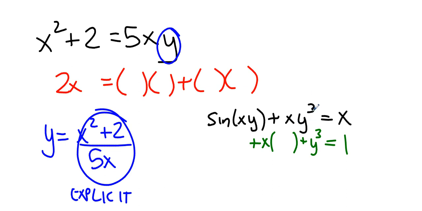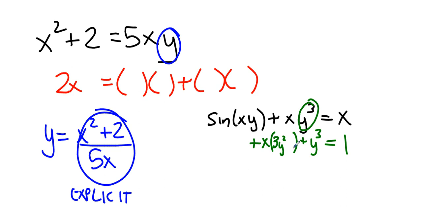That's an interesting question. What's the derivative of y cubed? Well, you would think that the derivative of y cubed is 3y squared, and you'd be almost right. Because when we take derivatives with respect to x, the derivative with respect to y is 3y squared.